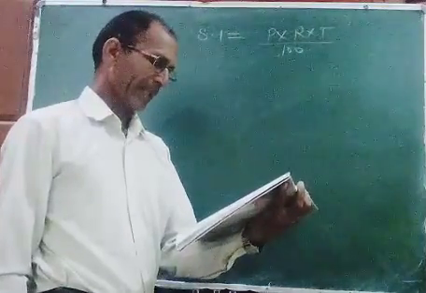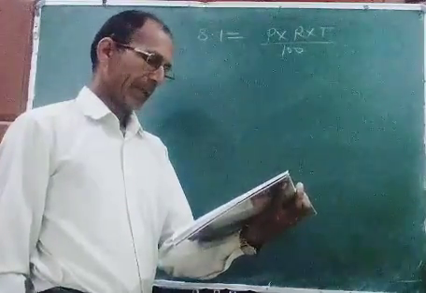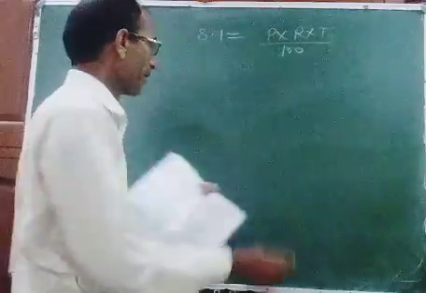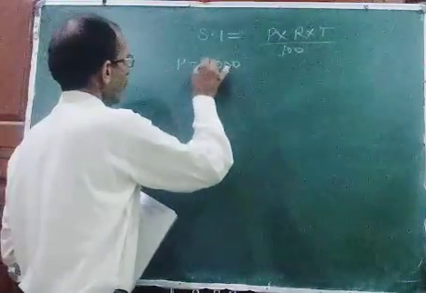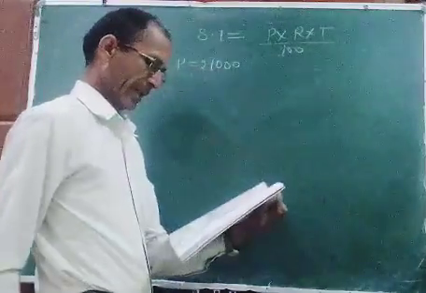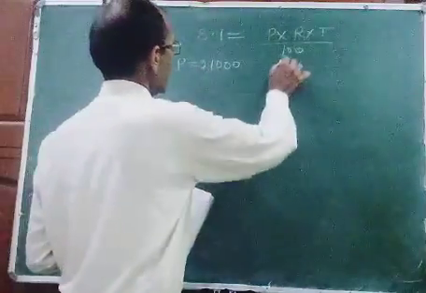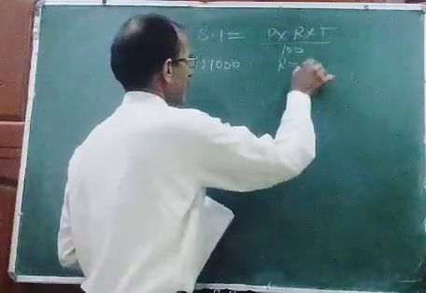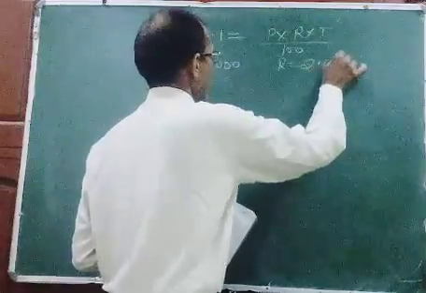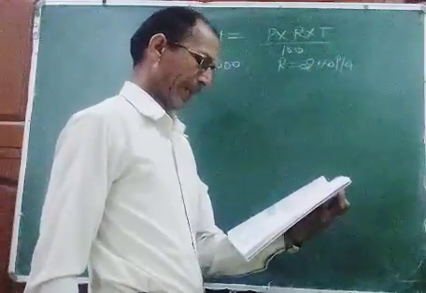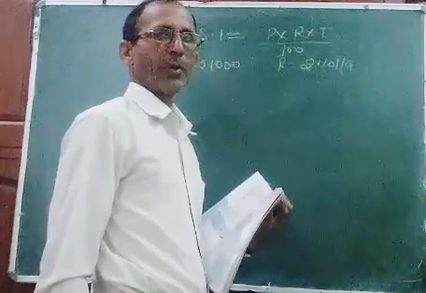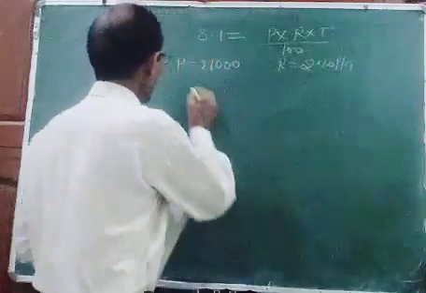Simple interest graph. Here principal is 1000 rupees and rate R is 2% per annum. So we have to find the time.